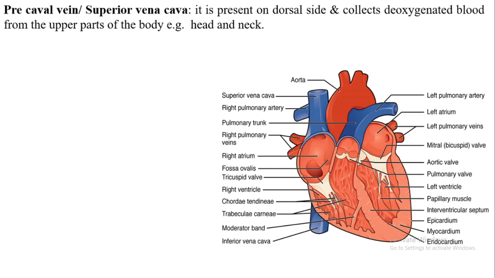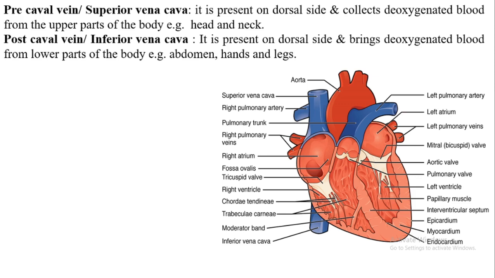Then the precaval vein is present on the dorsal side, and it collects deoxygenated blood from the upper part of the body, that is, from the head and neck, and carries the deoxygenated blood into the right auricle. The precaval vein is also called the superior vena cava; likewise the postcaval vein is also called the inferior vena cava. This is also present on the dorsal side.